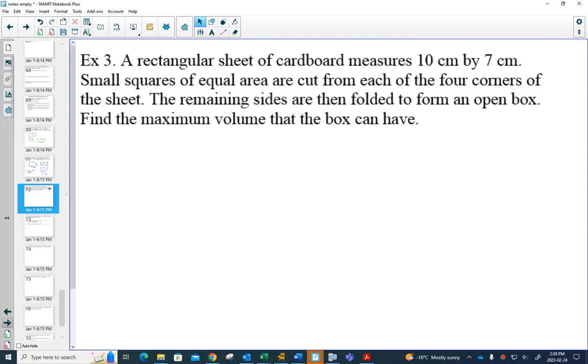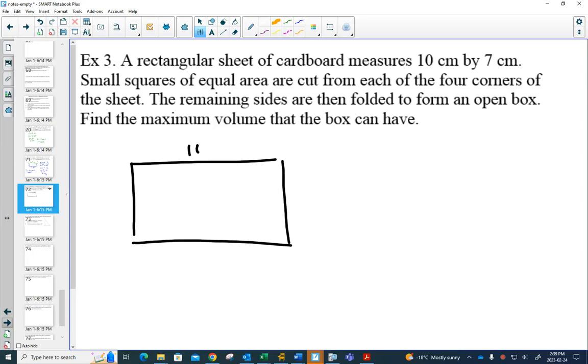Here's one from grade 12. A rectangular sheet of cardboard measures 10 centimeters by 7 centimeters. I'm going to draw a picture of that. This is 10 centimeters, this is 7 centimeters. And we're going to cut out little squares out of the corners. And we don't know how big those squares are.